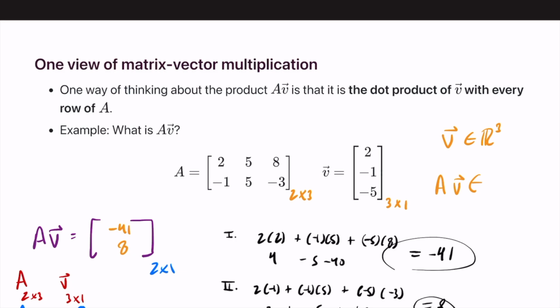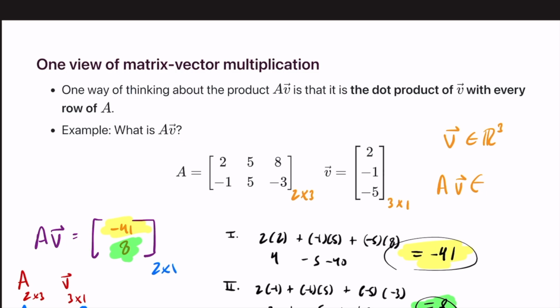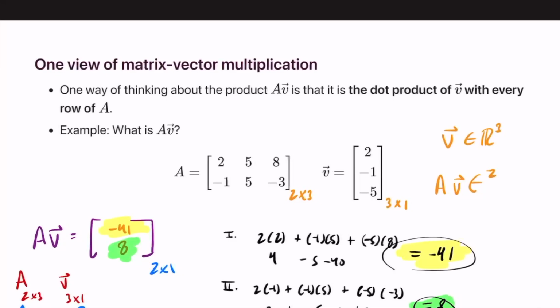And we go ahead and use yellow just to make it clear. Okay, so that's essentially the operation, and this gives us a 2. So by doing this matrix vector multiplication, we've reduced the dimensionality of this data.